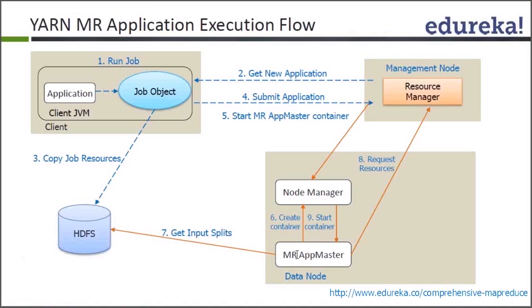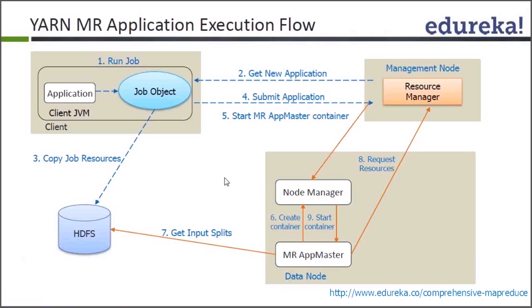Step number 7, the application master will talk to the HDFS and will know the input splits wherever the data is, right? And it will tell the node manager to actually start the container for the map and the reduce. So that is taken care of by the app master. That is what the start container arrow is showing. Plus, for any resources, he will have to talk to the resource manager.